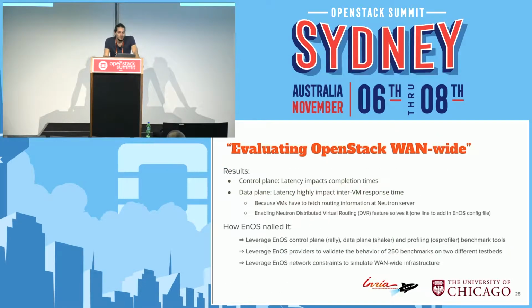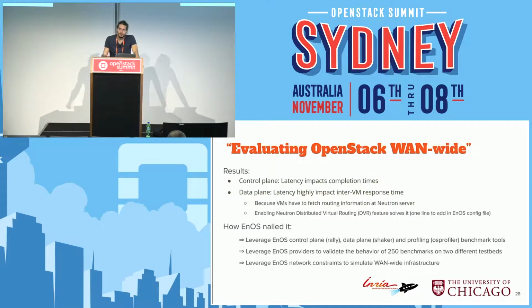So this experimentation showed that latency has an impact on the completion time of operations at the control plane, but it also has a significant impact on the data plane. More precisely, we show that the response time between VMs was very impacted when these VMs are set in different networks. Why is that?